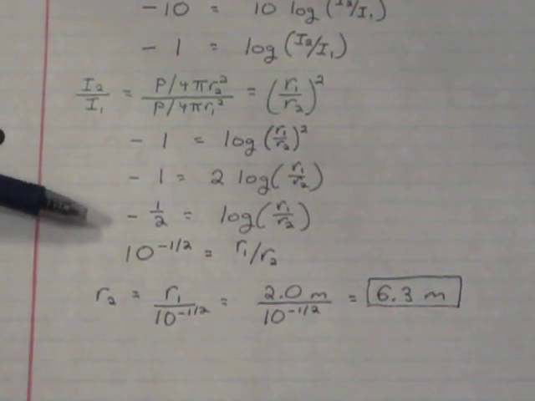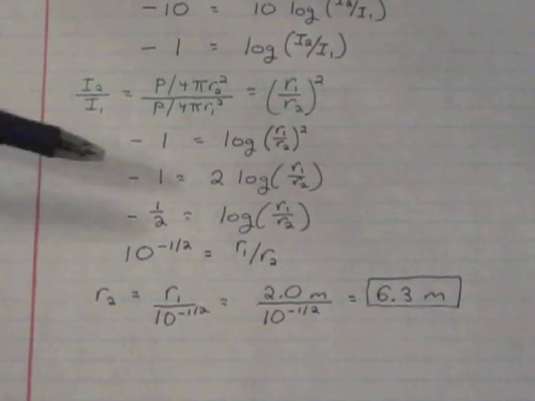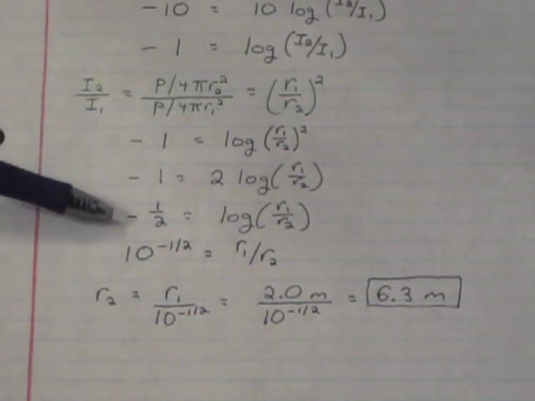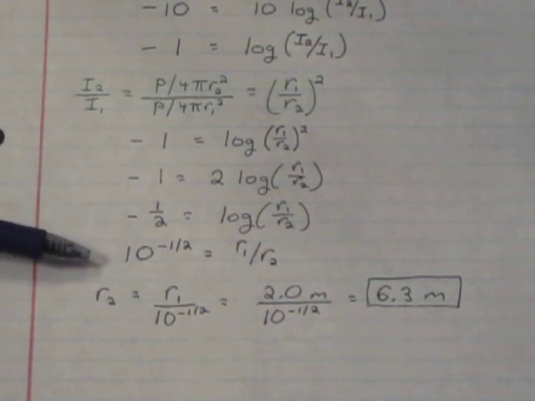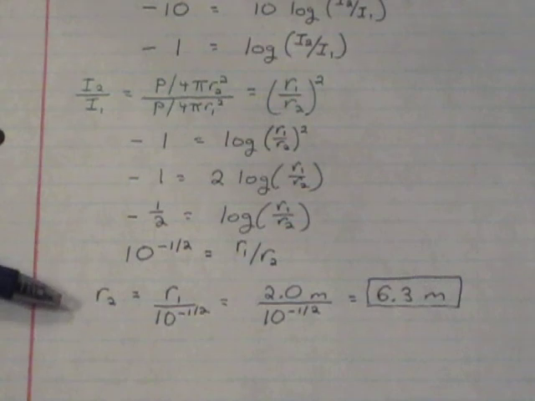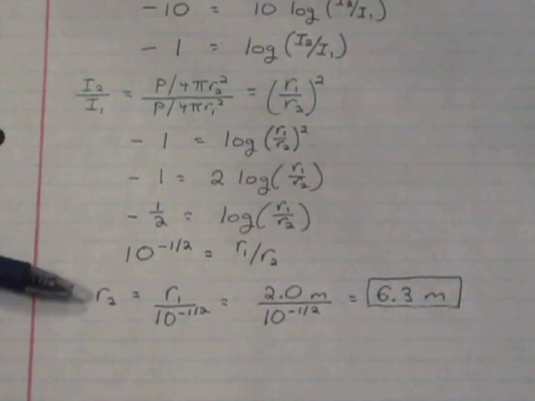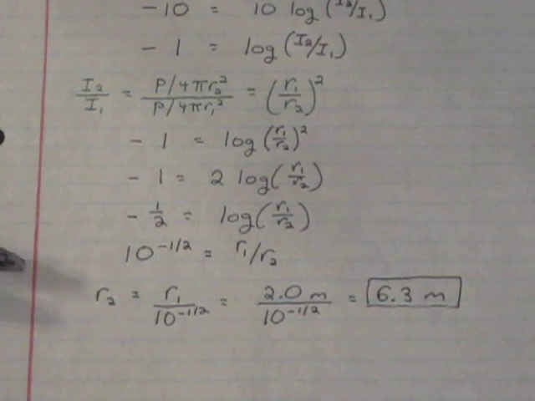Now we've got a logarithmic equation that we can set up as an exponential equation. Since the logarithm is base 10, we can say 10 to the -1/2 power is r1 over r2, which means that r2 is r1 over 10 to the -1/2 power. We know that r1 is 2 meters, so 2 meters divided by 10 to the -1/2 is 6.3 meters.